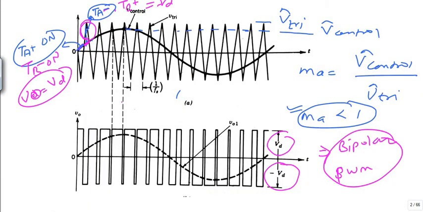While in the previous section we have seen that for half cycle we are getting positive voltage as well as negative voltage. That is why it is called bipolar voltage switching.